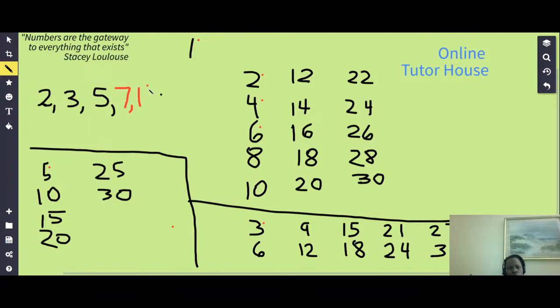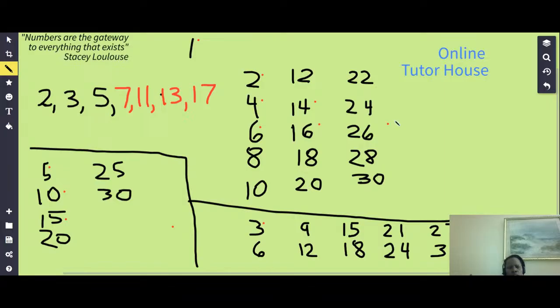So it is the next prime. So then we have 12. No 13. So 13 is our next prime. 14, 15. Okay. 16.